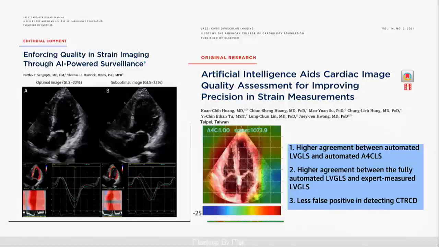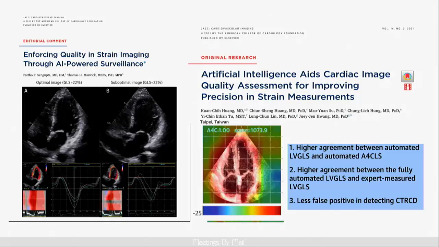And one of the important areas for consideration right now is the AI-developed tools for automated GLS. How do we enforce quality in strain imaging? And how do we reduce the variability related to vendors, which still continues to be a concern?